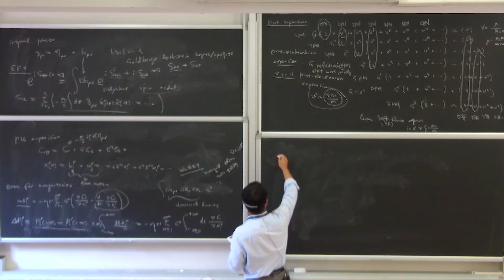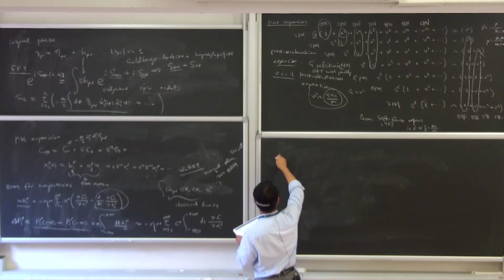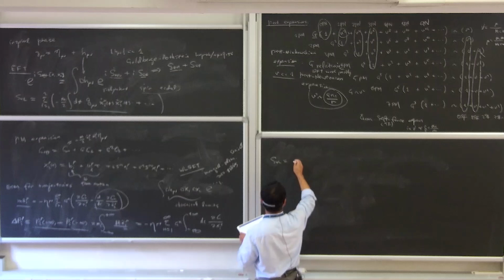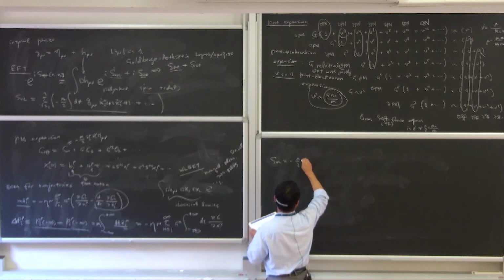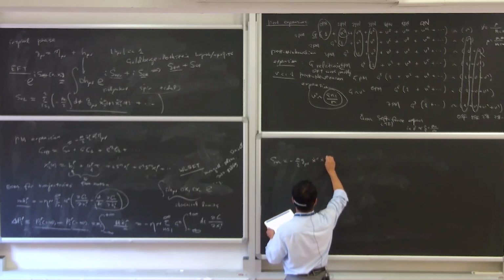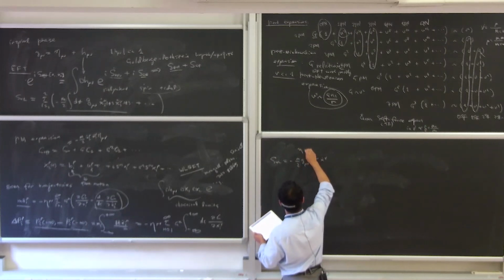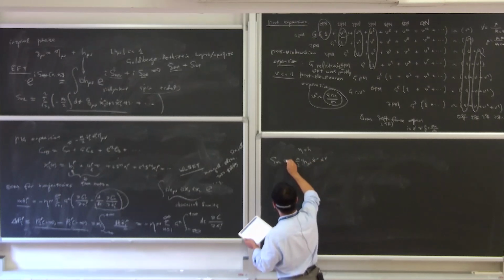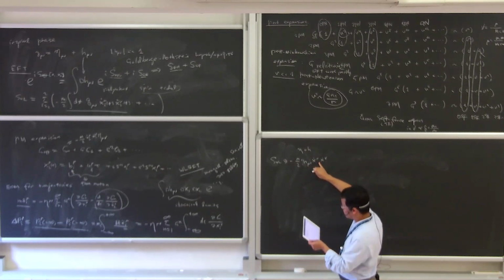First of all, let's have a look at our worldline action. Because the metric is eta plus h, this term gives a coupling between graviton and worldline.